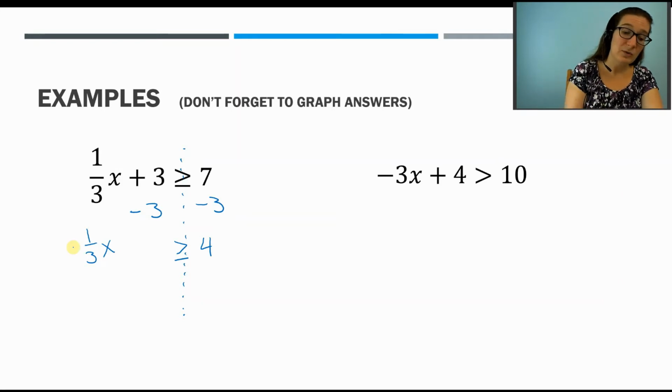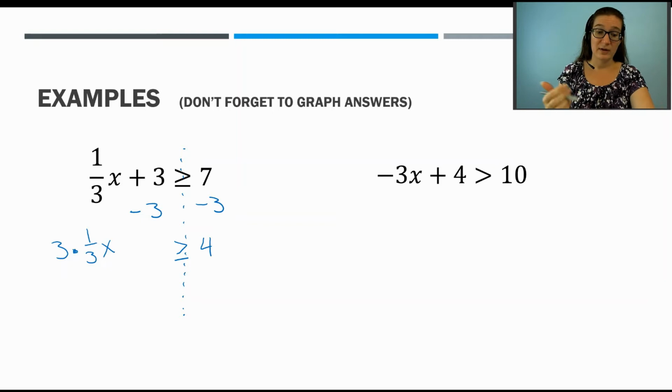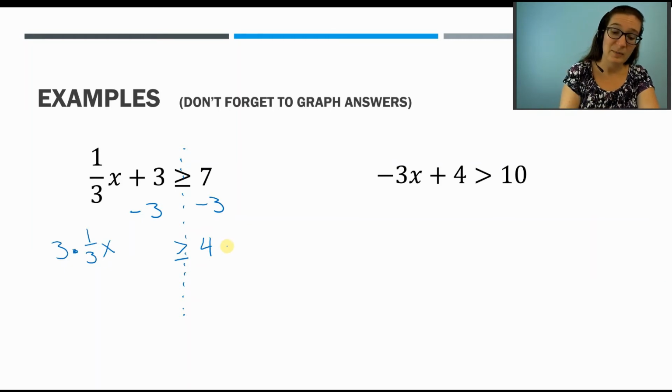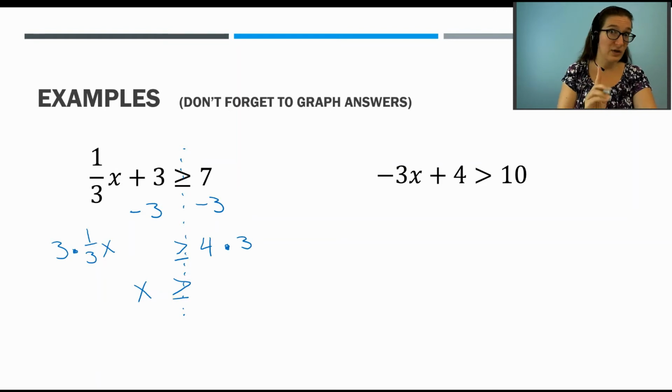So I will multiply by 3. That will be the inverse of taking 1/3 of x. And because I did it on one side, I must also do it on the other side. These are positive numbers, so I don't need to worry about flipping my sign. 3 times 1/3 gives me just 1x, which is what I'm looking for. I'm not flipping my sign because there's no negatives in that multiplication step. And 4 times 3 gives me 12.